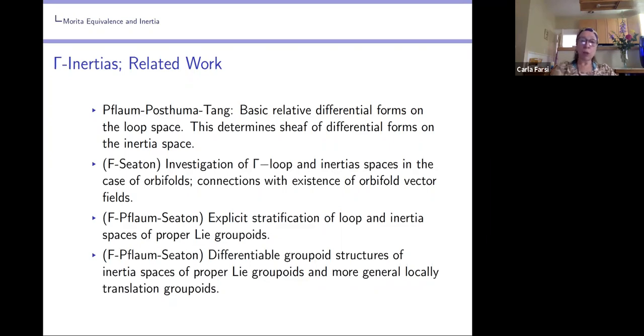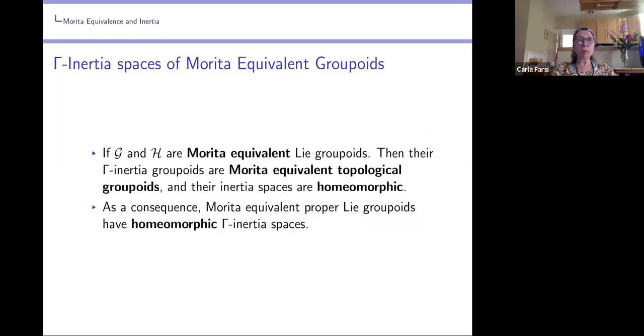we do go through a very detailed, explicit stratification of what we call the loop space and also the inertial space. So let me cite a result that we'll start with.